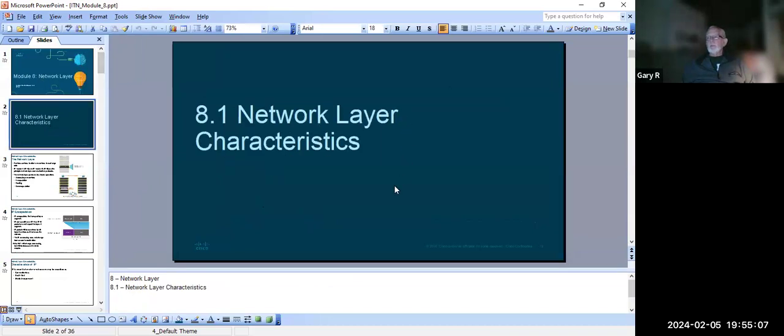All right, let's switch over to Packet Tracer and look at switching. I'm going to pull up Packet Tracer and get it going. I actually have to stop the share.